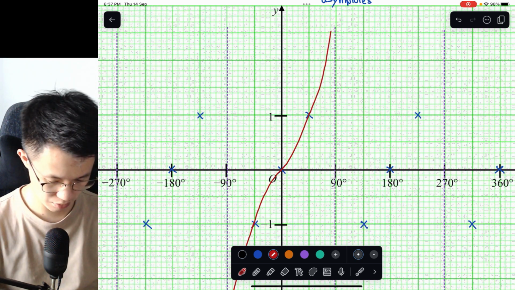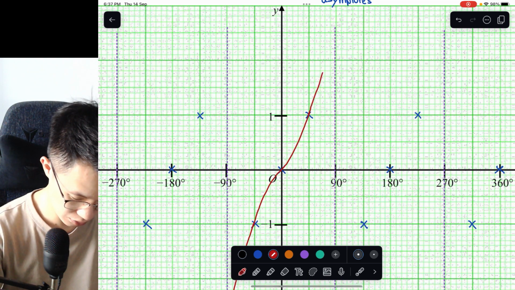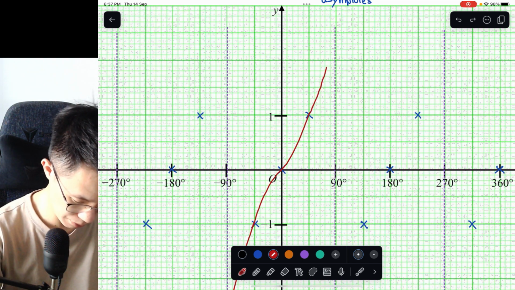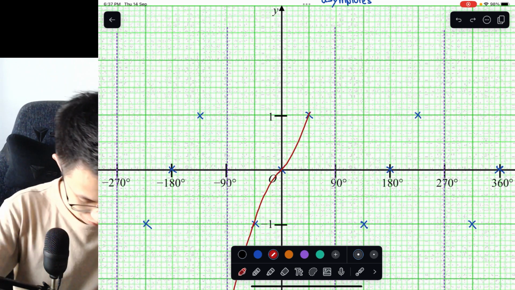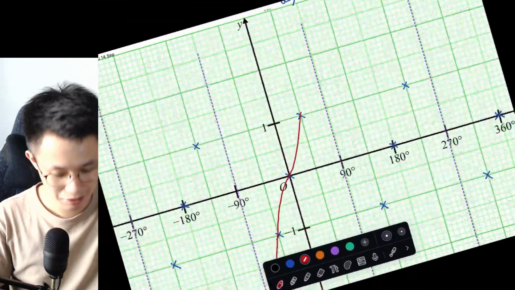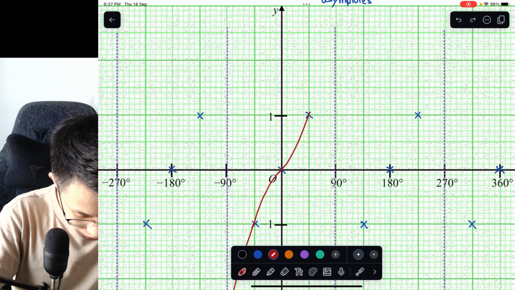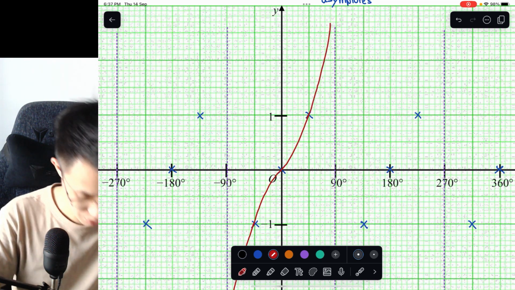It approaches, but it does not look very good. That's the problem with your iPad, because they tend to not draw your lines very well. Okay, I'm going to try it here. Oh no, don't rotate. Let's try it from here. It looks so much better now.